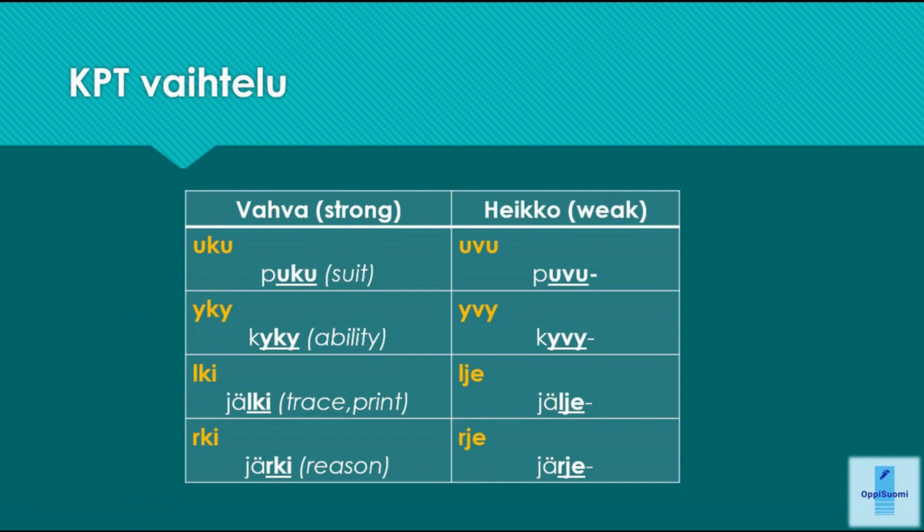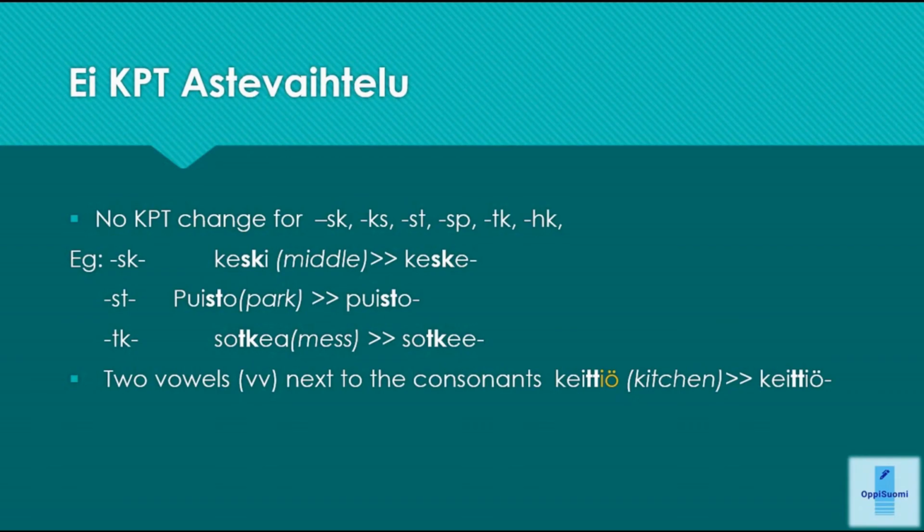In English we use j, but in Finnish the j sound is like y. Remember that if k, p, t are together with s, k, t, h, there's no KPT change for them. So look at those examples. Keski, there's no KPT change, it remains as it is.